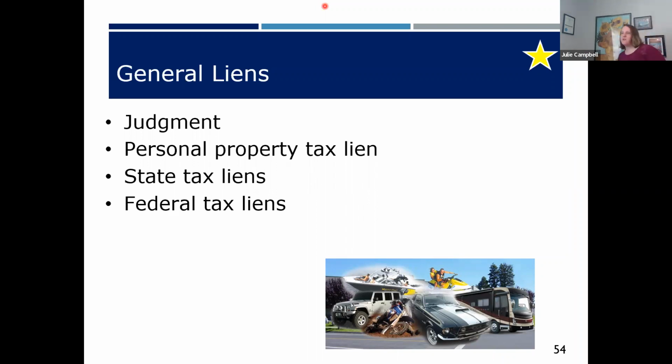State tax liens: failure to pay your state income taxes or your state inheritance tax. Did y'all know you have to pay a tax to inherit money? Of course you do. Failure to pay that state inheritance tax could create a general lien on the person. And then federal tax liens, failure to pay your IRS taxes.